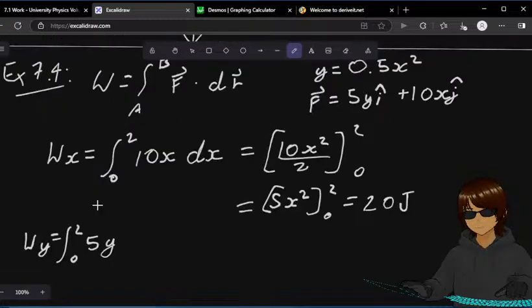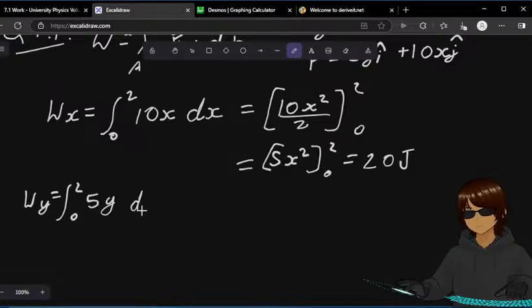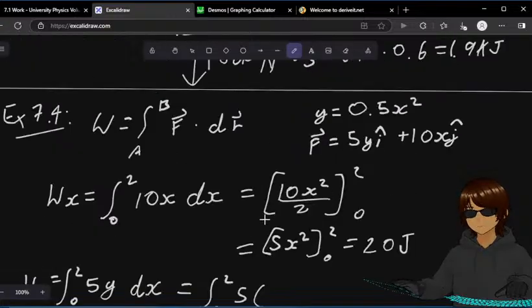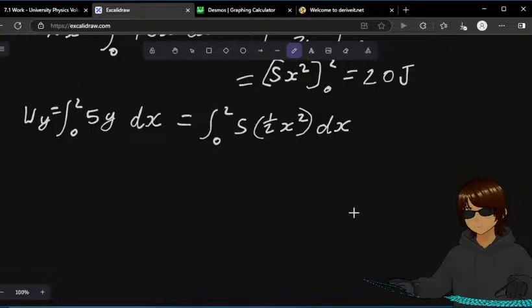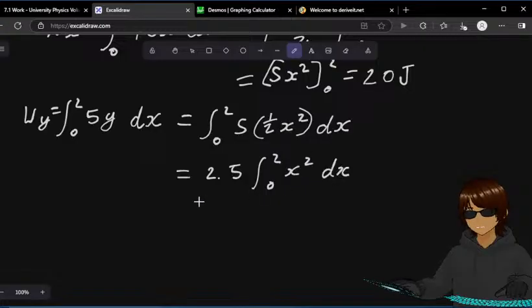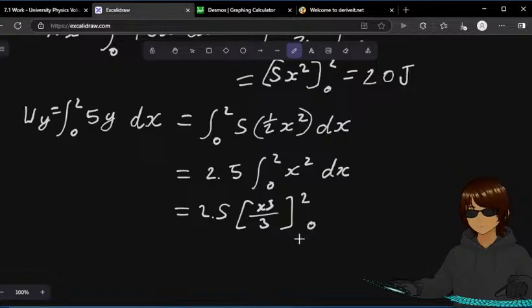Should I write dx? 5 times 0.5, so half x squared dx. 2.5 x squared dx. x cubed, from 2 to 0.